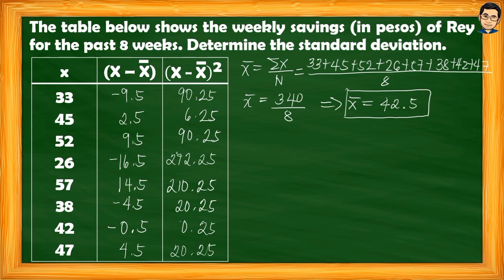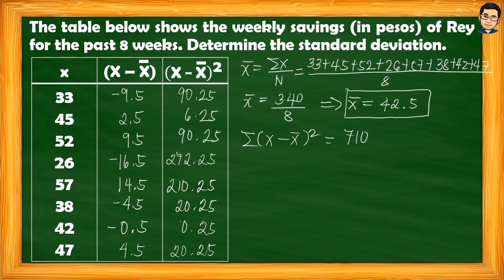Okay. Next, kunin natin yung summation ng square ng deviations. Add lang natin yung mga nasa third column. Ang makukuha nating sum ay 710.